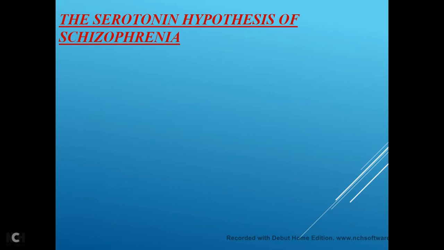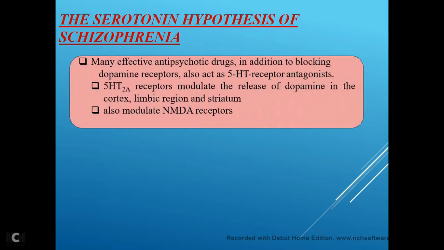The other theory is the serotonin hypothesis of schizophrenia. Many effective antipsychotic drugs, in addition to blocking dopamine receptors, also act as serotonin receptor antagonists. Serotonin receptors modulate the release of dopamine in the cortex, limbic region, and striatum, and also modulate NMDA receptors.